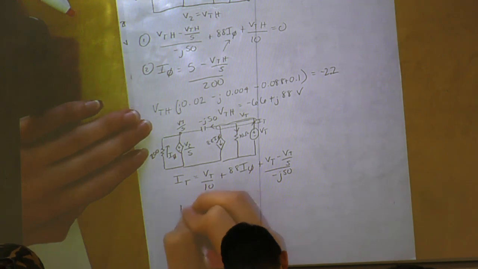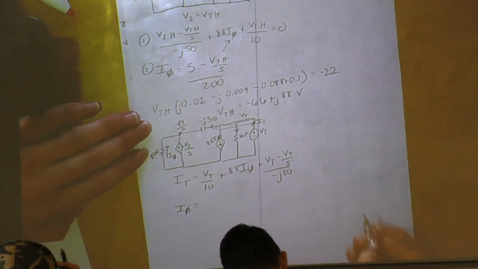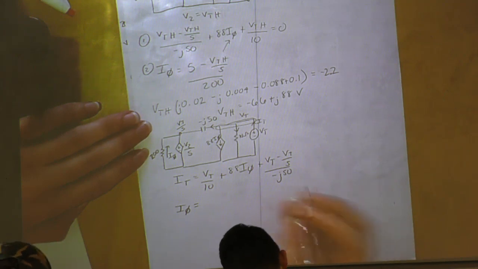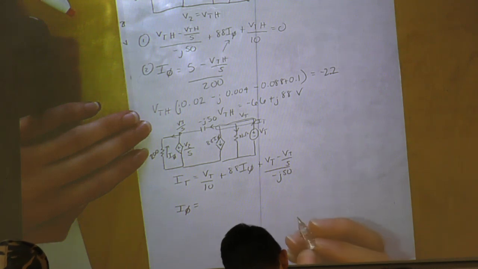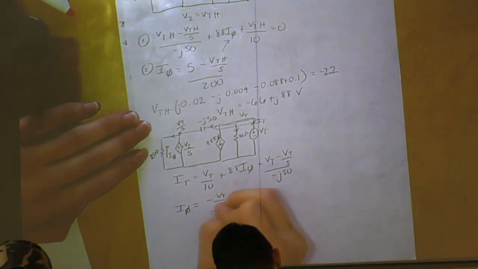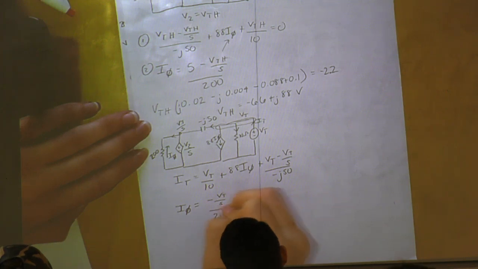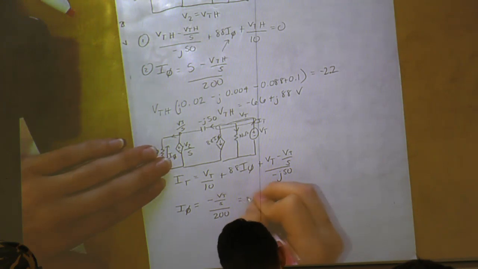We'll have to find an equation for our I phi again in terms of VT and IT. We can have this current right here. So we'll have negative VT over 1,000.